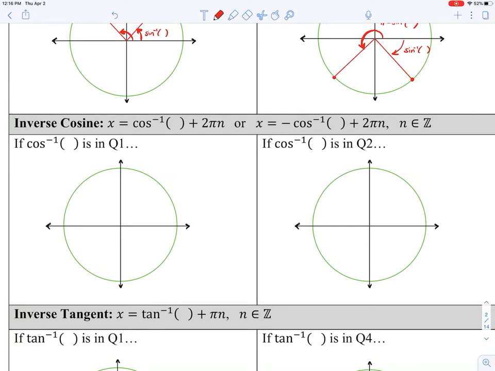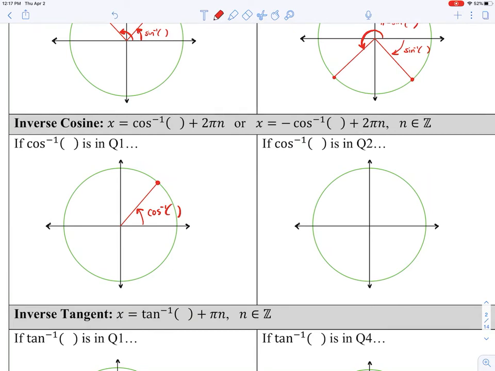If inverse cosine is an angle from quadrant 1, meaning that this ratio is positive. So inverse cosine of a positive ratio gives you an angle from quadrant 1. So here is an angle in quadrant 1. I'll call that angle inverse cosine.